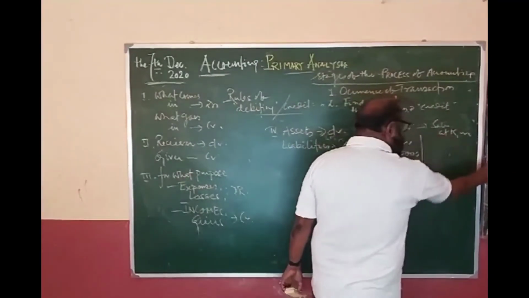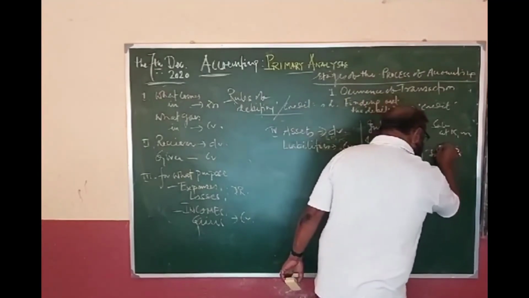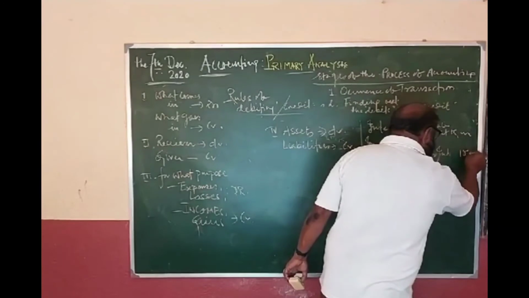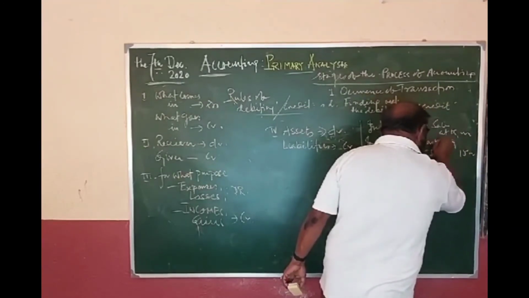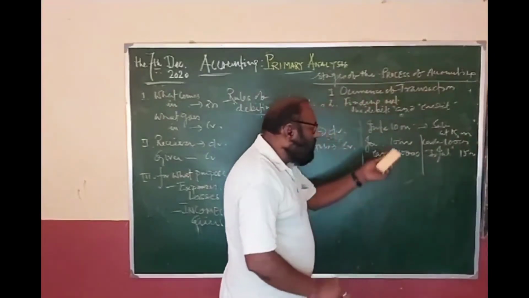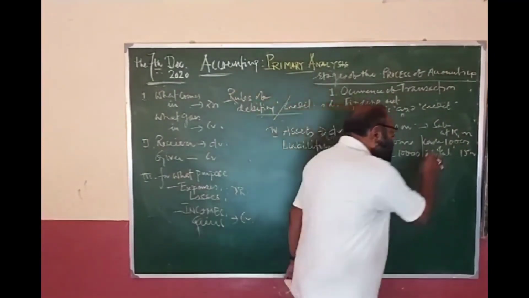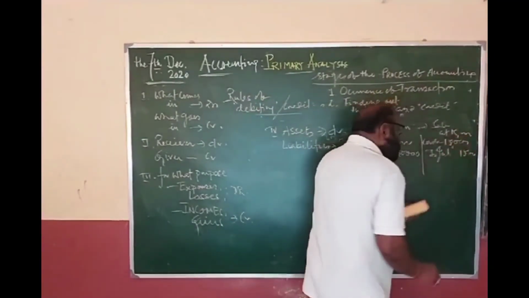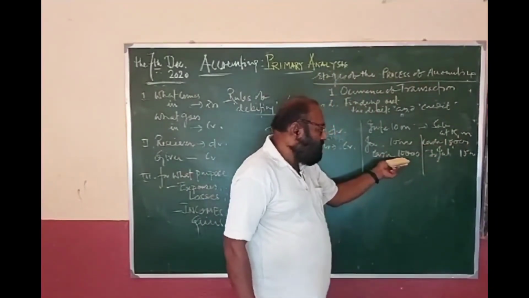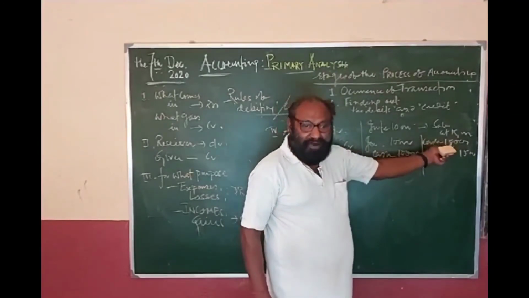Again, I am giving the jute worth rupees 15,000 and getting the cash of rupees 15,000. Clear? Now, if we neutralize the accounts, what I will see: I paid 10,000 and I have got 15,000 back.